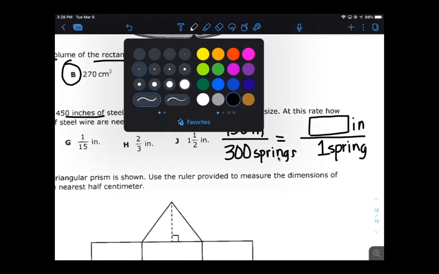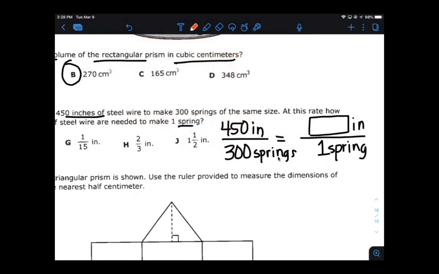I think, okay, for starters, we can simplify this. Like I can go, okay, a zero and a zero. It's like I'm dividing by 10, right? So I have 45 and 30. What do I do with 30 to get to 1? Well, I will divide by 30. And then 45 divided by 30, we get 1.5.